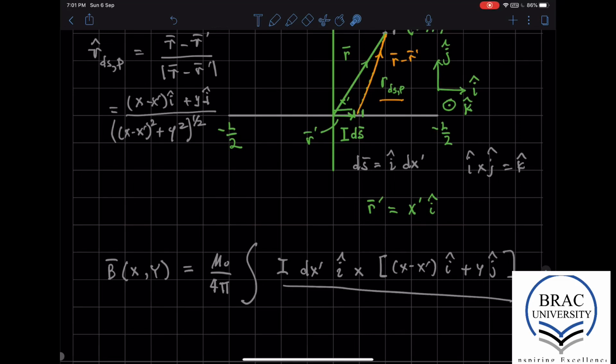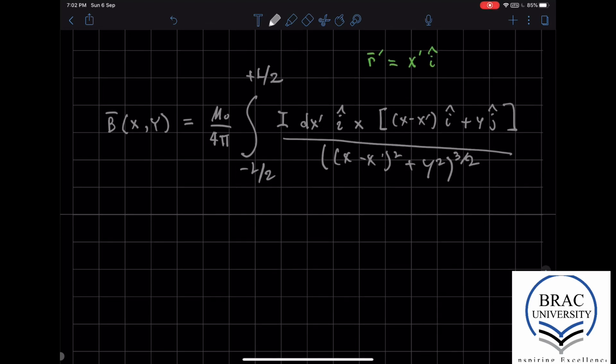So we are going to have (x minus x prime) whole squared plus y squared, raised to the power 3 halves, and the integral will be from minus L by 2 to plus L by 2. So this looks like a forbidding integral, but we can use an integral formula to evaluate this.